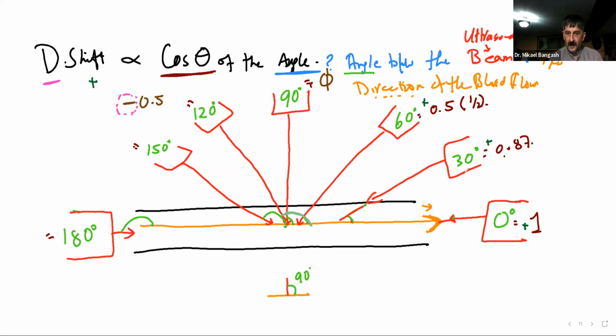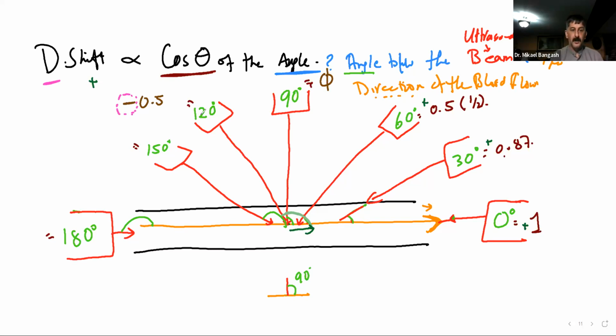Why? Because you're scanning from here, you're scanning from here, you're scanning from here, and the blood flows in this direction. Clear?